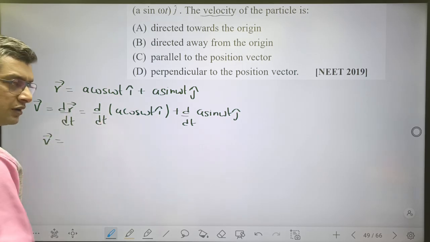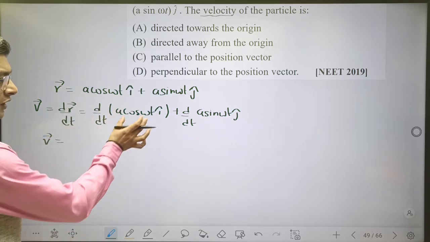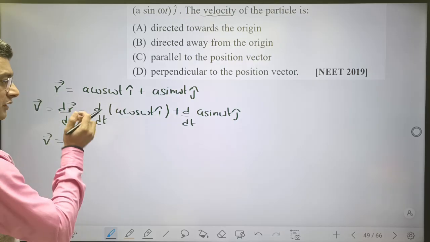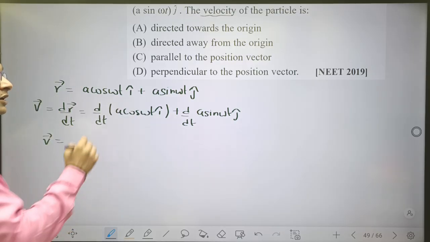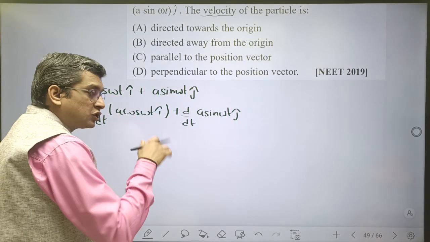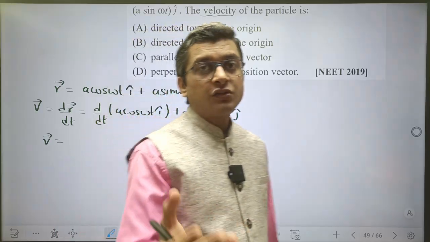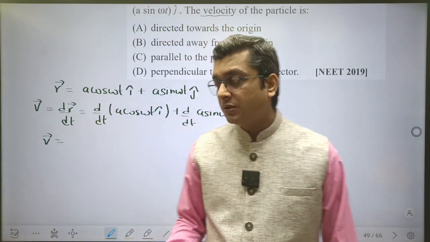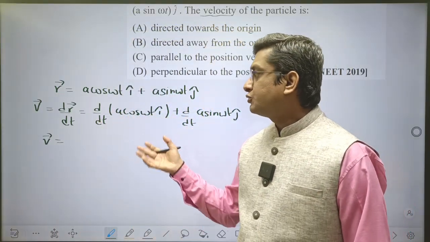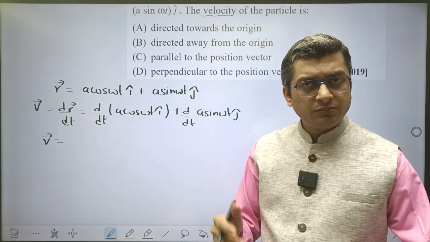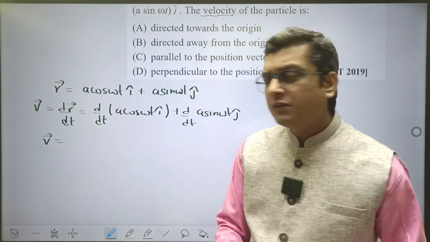This a is constant, take it outside the differentiation. Differentiation of cos omega t is minus sin omega t, and after that omega, this is the case of a function of a function, as we have learned in the lecture where I have covered the differentiation portion, where we have learned how to approach such kinds of differentiation where there is more than one function.